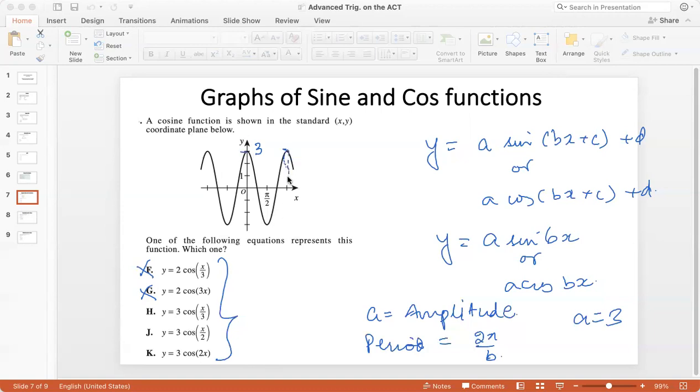And this point is simply pi. So my value of B would be 2 pi over pi, since the period is pi. So B would be 2. So my right answer would be 3 cos 2x, because A is 3 and B is 2. Option K.